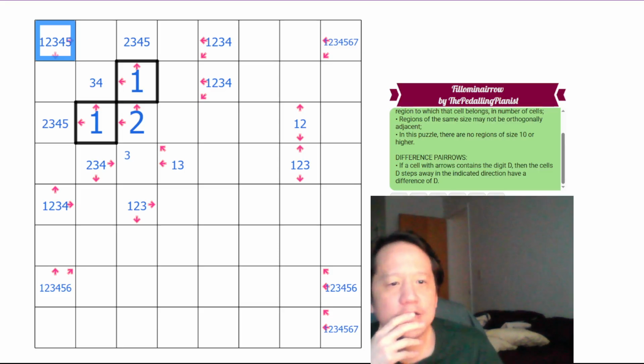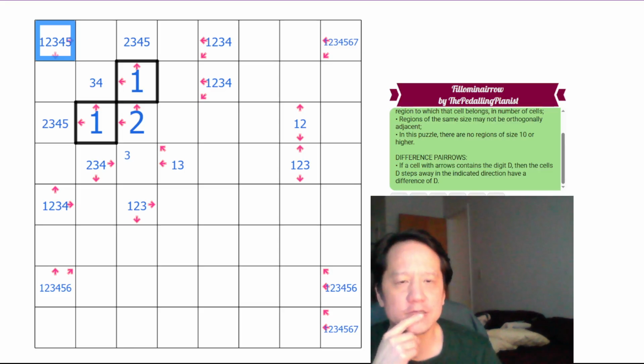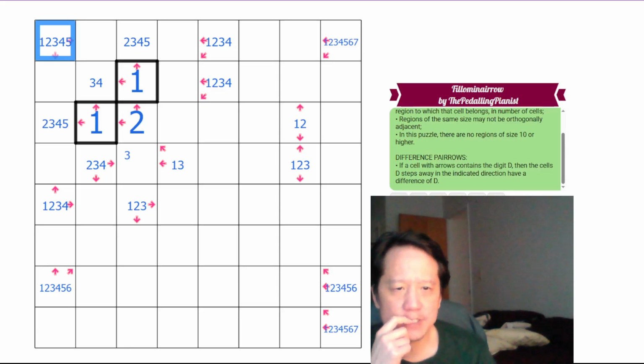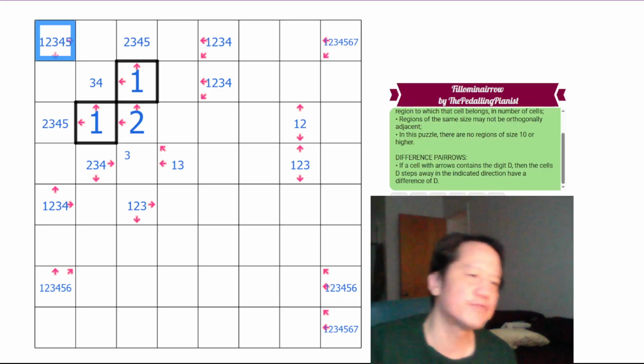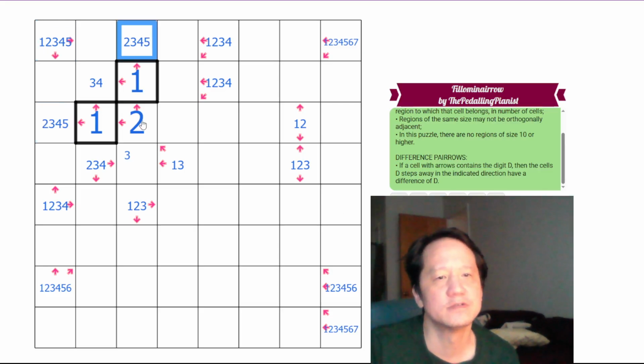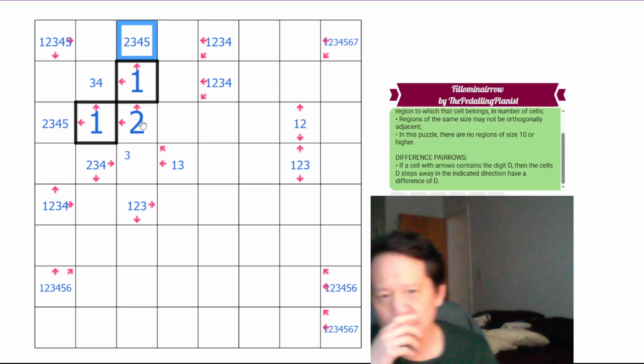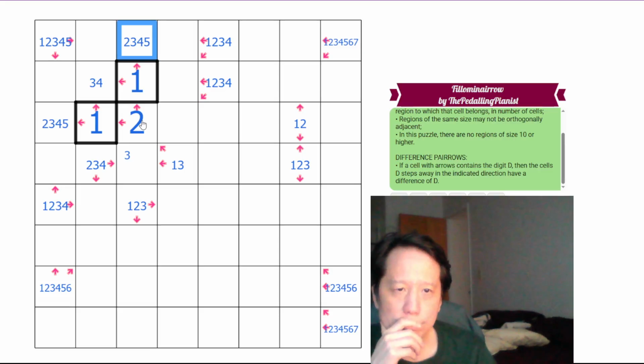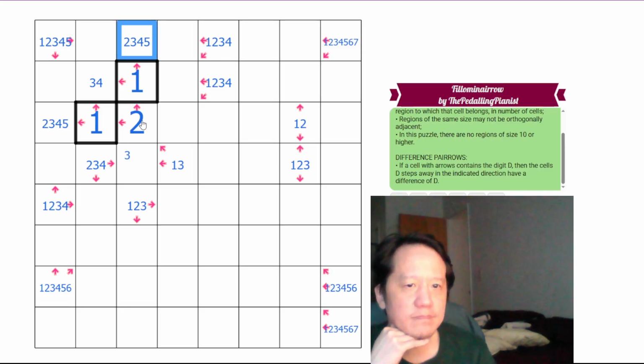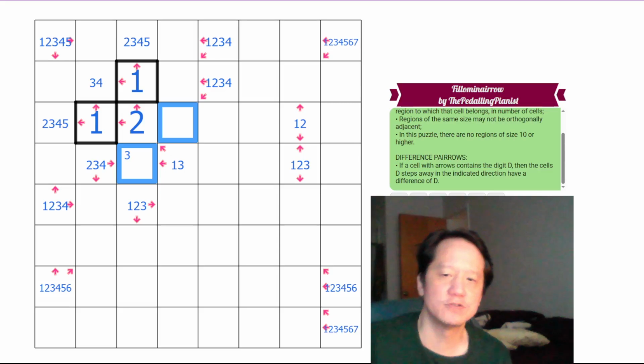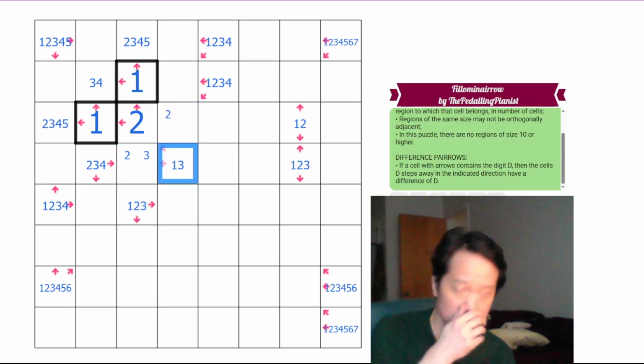May not be orthogonally adjacent. Can you have 3, 4, and 5 is the question. Maybe? Hmm. We know 2 has to be one of these two, which is why this can't be 2 there.